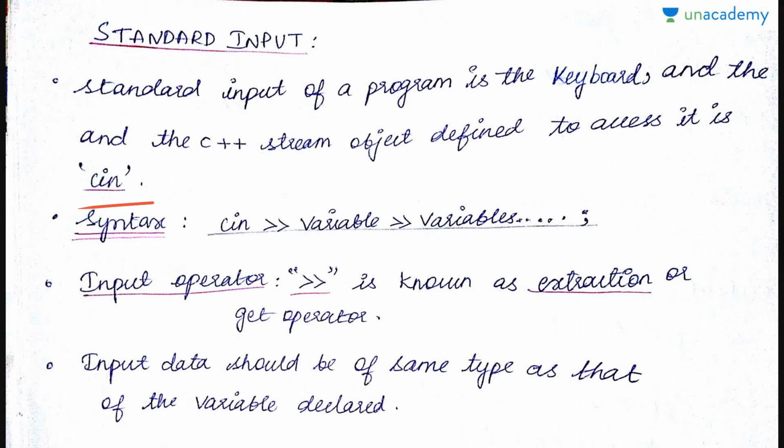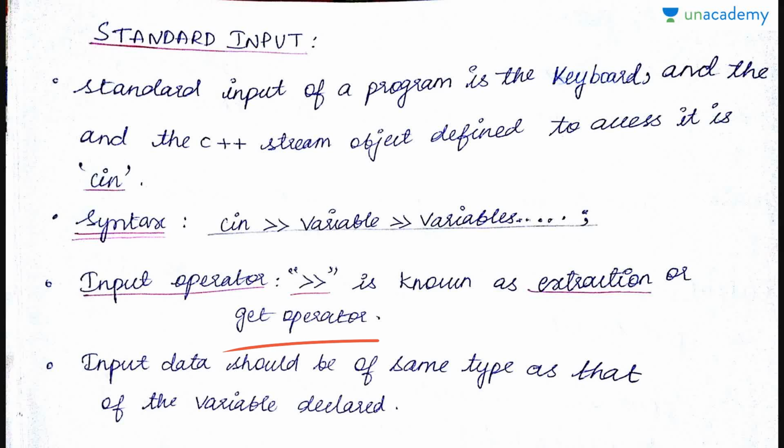The syntax for cin is cin followed by two angular braces, which are greater-than signs, and then n number of variables followed by a semicolon. For example, if you tell the user to enter 5 numbers, you can directly store them in 5 variables by writing cin a, b, c, d, and e. And this symbol, the input operator, is known as the extraction or get operator. Hence, get is associated with input.